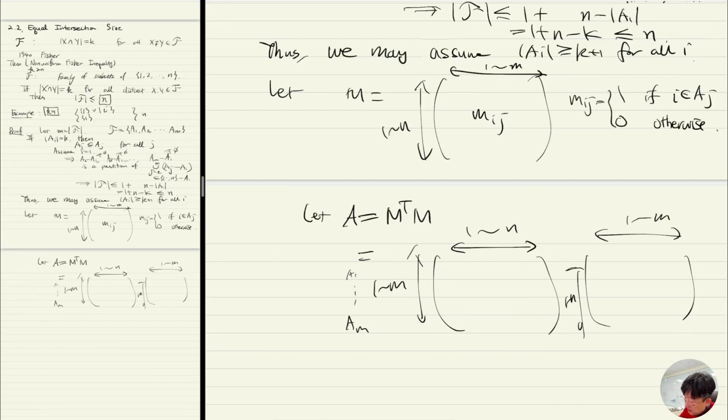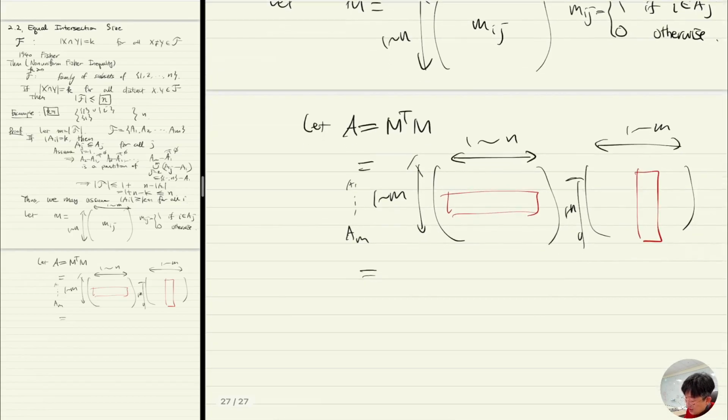So when you multiply these two matrices, the column of M is multiplied with the column of M, which is a row of M transpose. So what's going to be this?